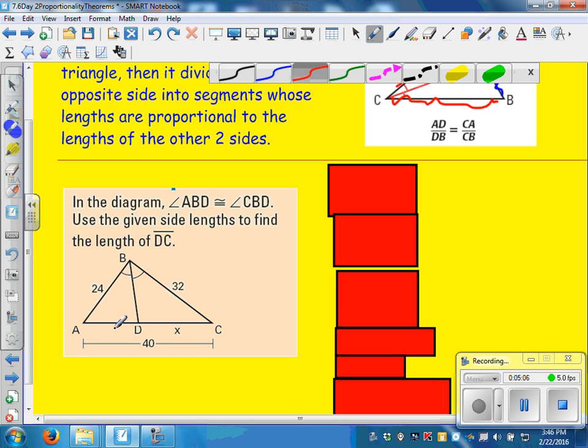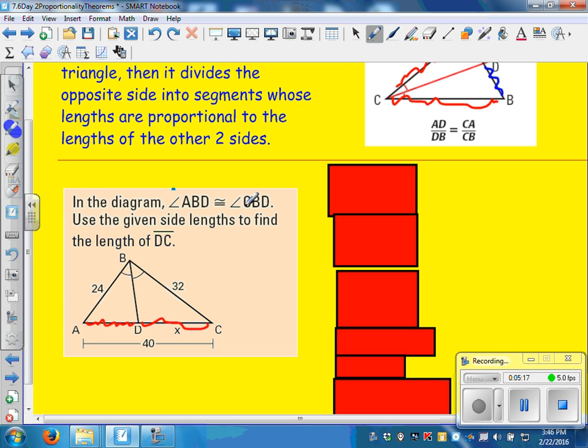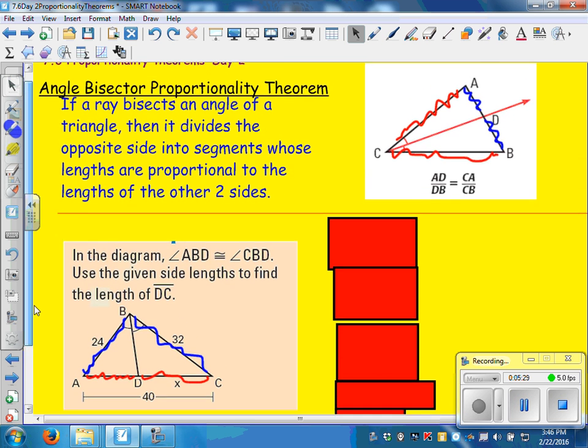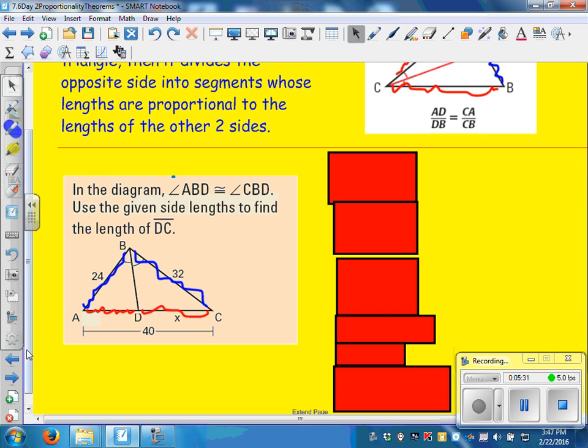Use the given side lengths to find the lengths of DC. So in this particular picture, AD will be in a ratio with DC, and AB will be in a ratio with BC. And those ratios will be equal to each other according to the angle bisector proportionality theorem.